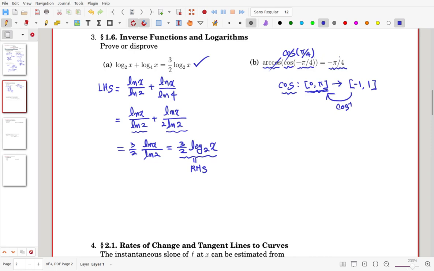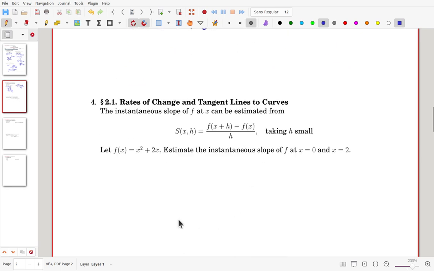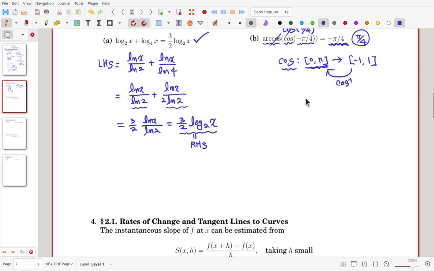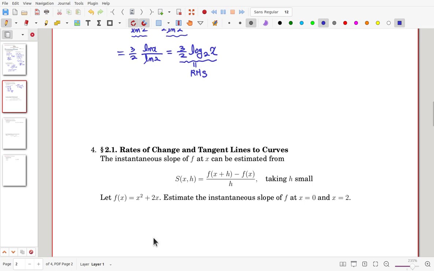So if this one is replaced by pi over 4, then it is correct, rather than minus pi over 4. If the right hand side is pi over 4, then that is a correct mathematical statement. Okay, so for the given one, it is wrong.